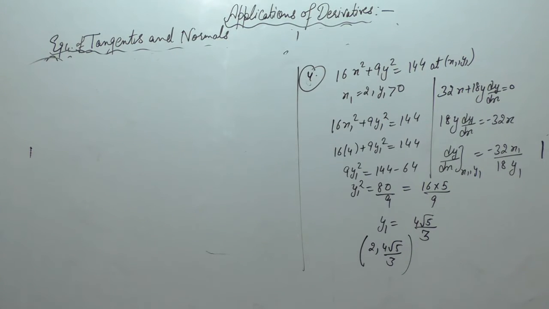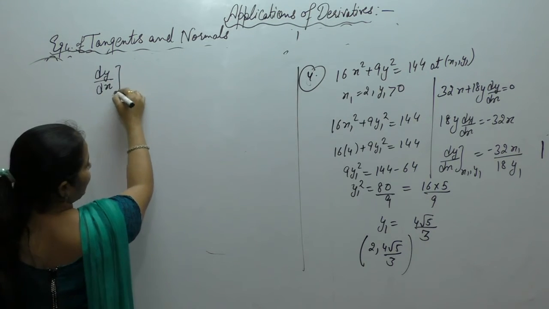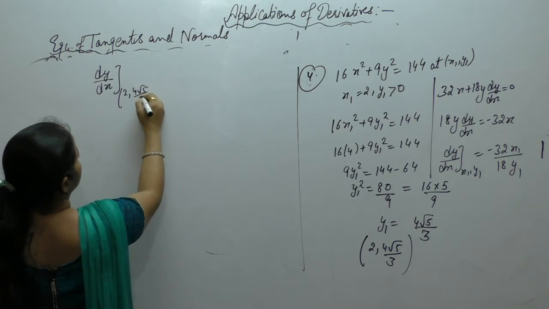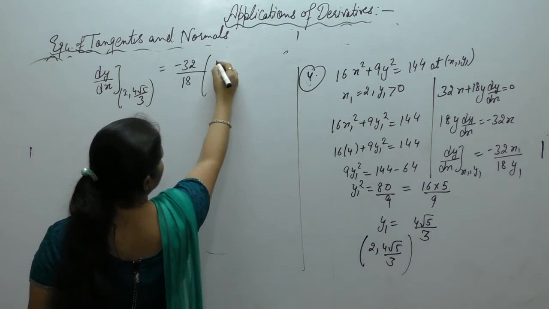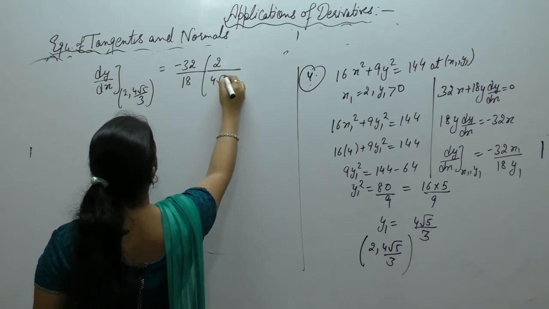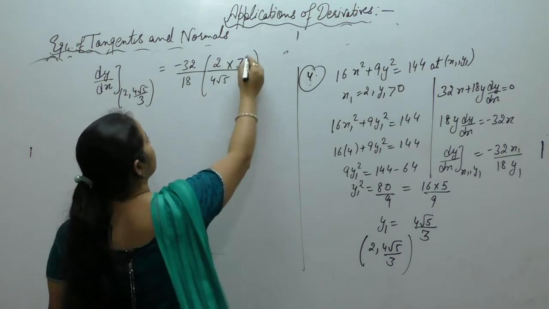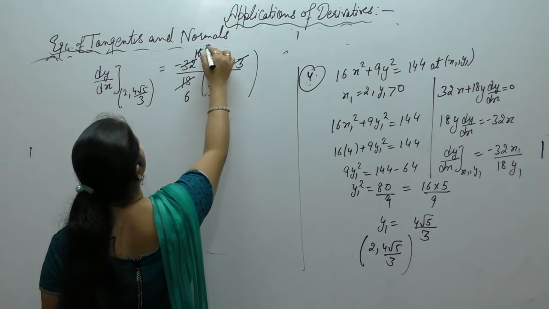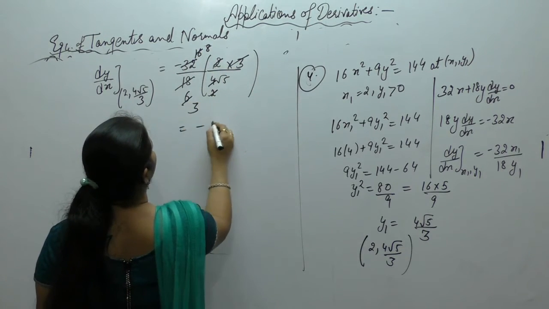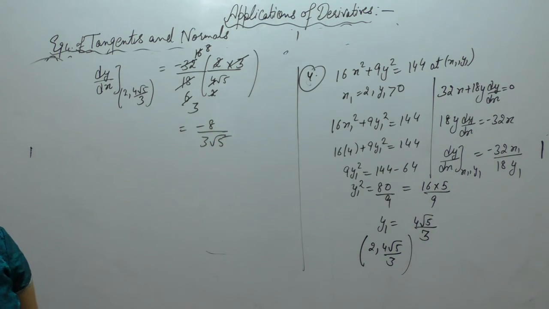Clear up to here? Now put the values: x1 is 2, y1 is 4 root 5 by 3, giving minus 8 upon 3 root 5.